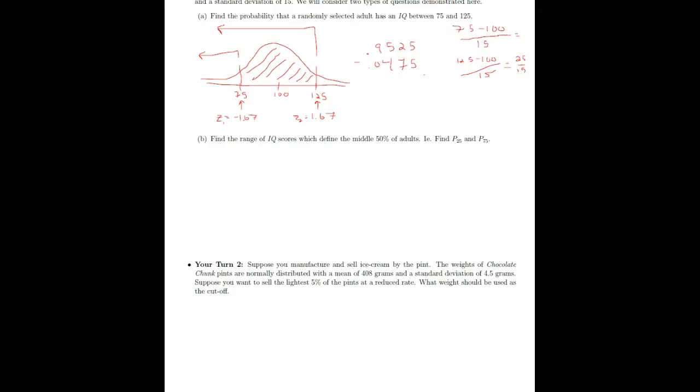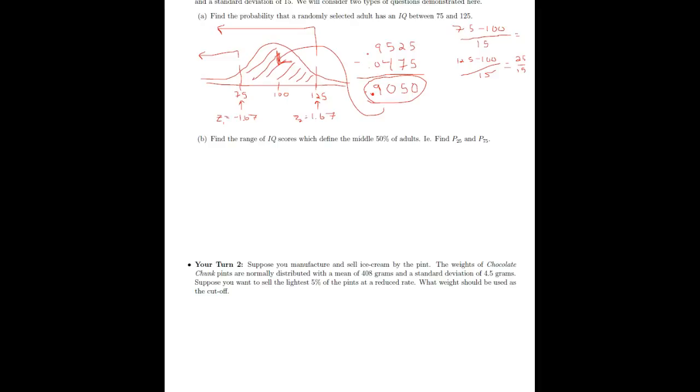So you subtract these two, 0.9525 minus 0.0475, and then you get 0.9050. And so that is the probability of a data value being between an IQ of 75 and 125. So it's basically the probability of this shaded region right here.